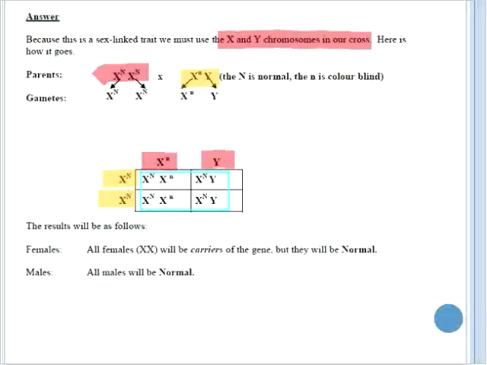All the females are carriers, but they are normal. All the males will indeed be normal. The reason being is that the males get their X from mom, and if all of mom's X's were X big N, all males will indeed be normal. Females, on the other hand, because they get an X from dad, would be colorblind.